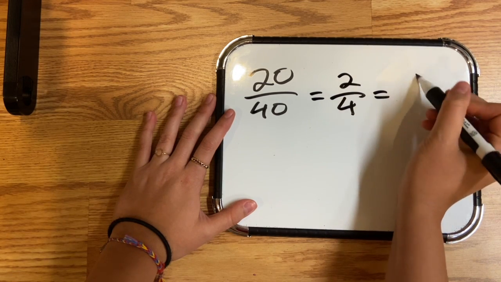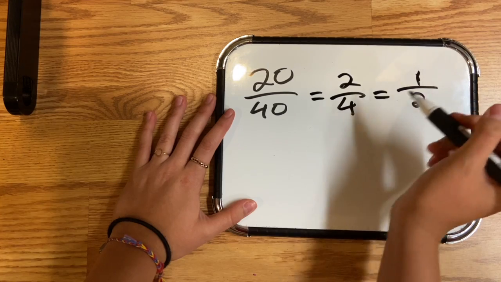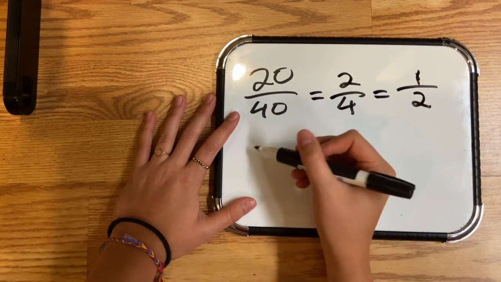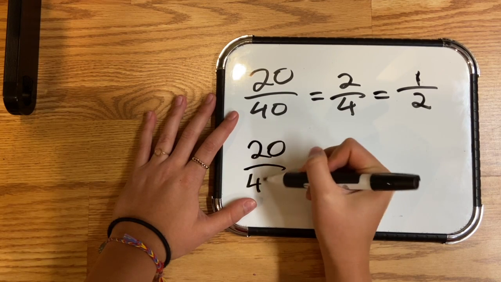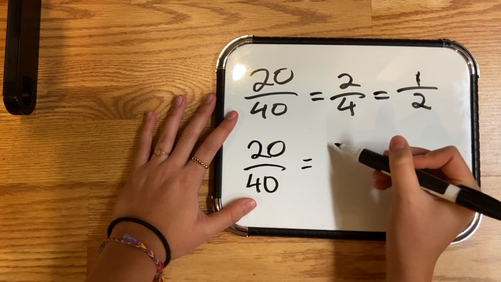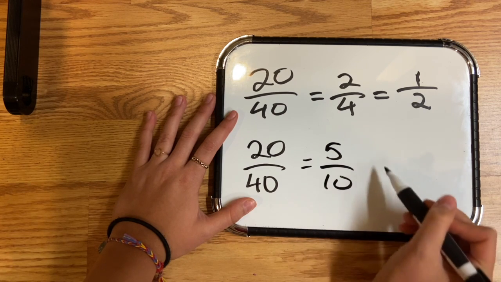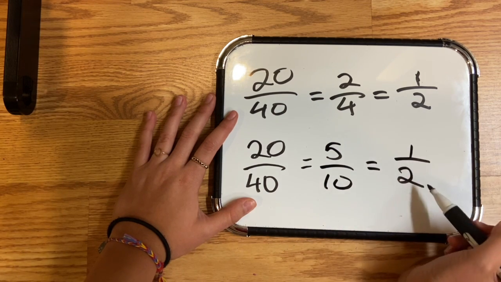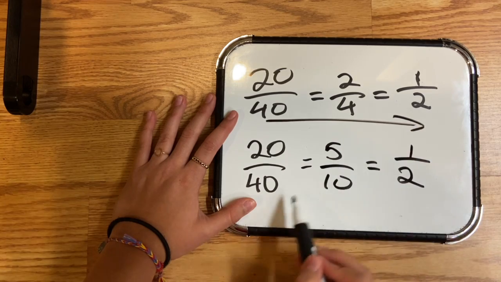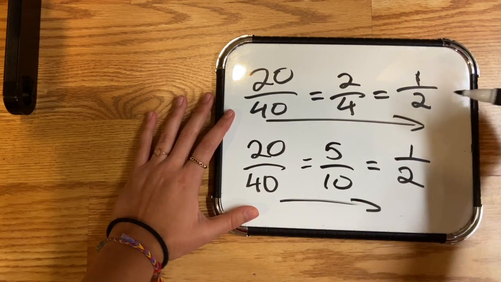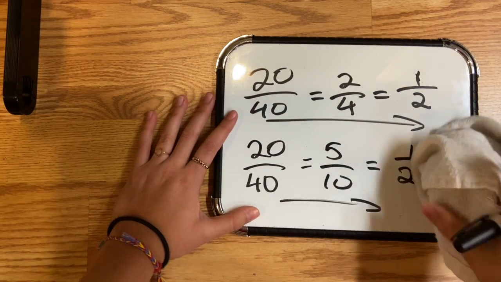And then we have 1/2. But if you like to take a different route and say, hey, those are both divisible by 4, you can say 20 divided by 4 is 5, 40 divided by 4 is 10, and say, hey, that's 1/2. So you can get to it different ways. It doesn't matter how you get to it as long as you simplify it to the lowest possible fraction.